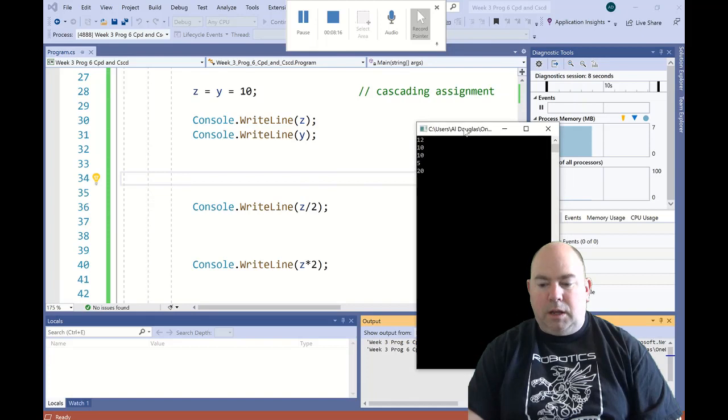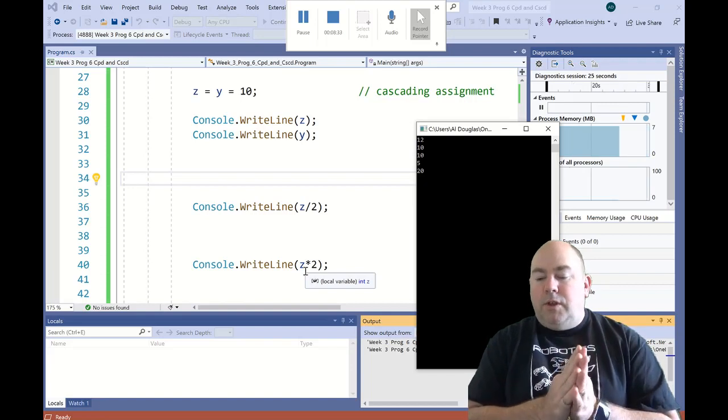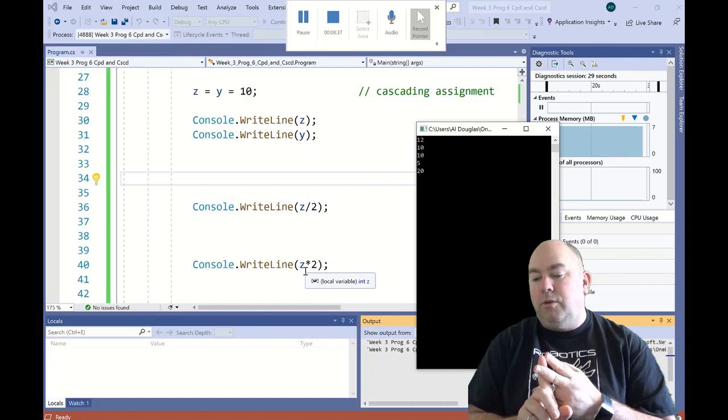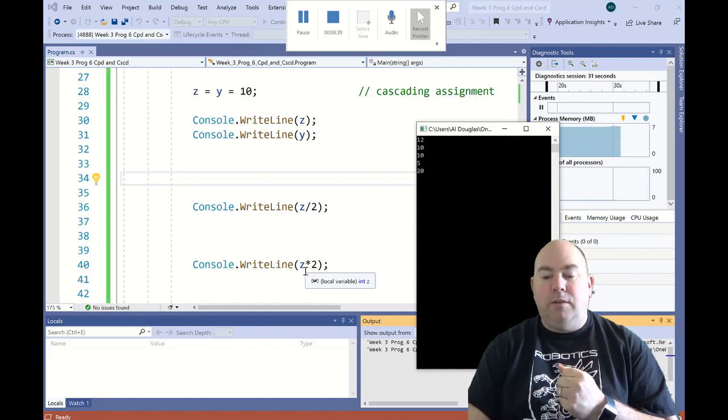Now I'm getting my last two entries here. I have z as equal to 10. So I'm writing z divided by 2, which is basically saying 10 divided by 2 gives me a 5. Then I'm writing z multiplied by 2. That should be 10 multiplied by 2, because I'm not redefining z on this line. So 10 multiplied by 2 gives me a 20.